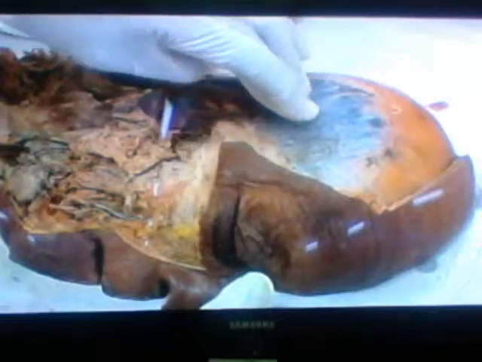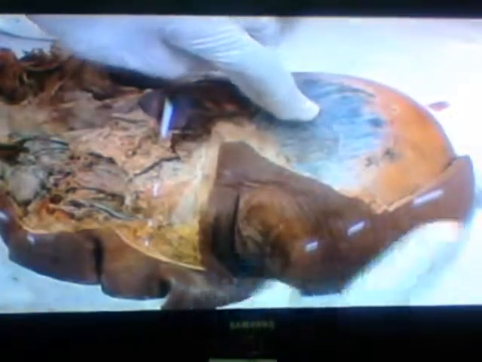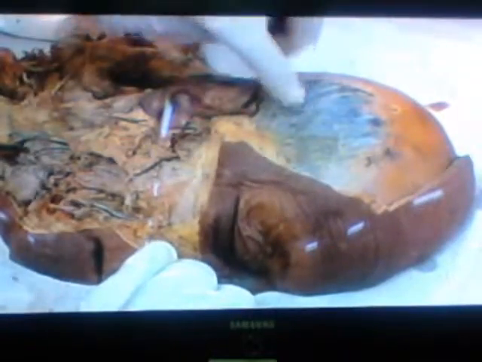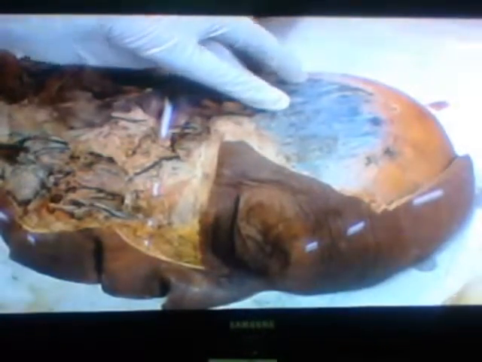And then you're going to have your temporal fascia, which is very thick. Deep to that you're going to have the temporalis muscle, and then deep to that you get onto your periosteum. So remember that when you come to the sides of the skull, the five-layer mnemonic does not apply. That only goes for up top.